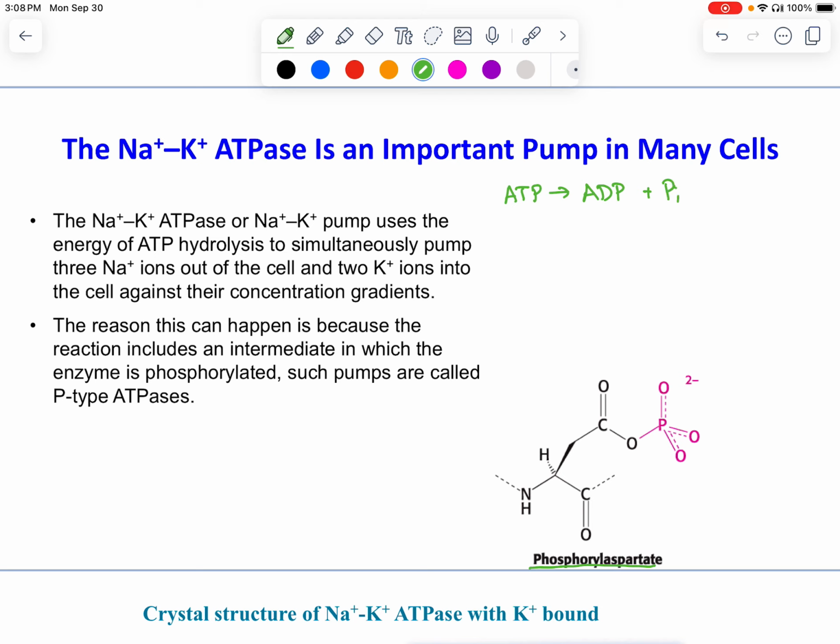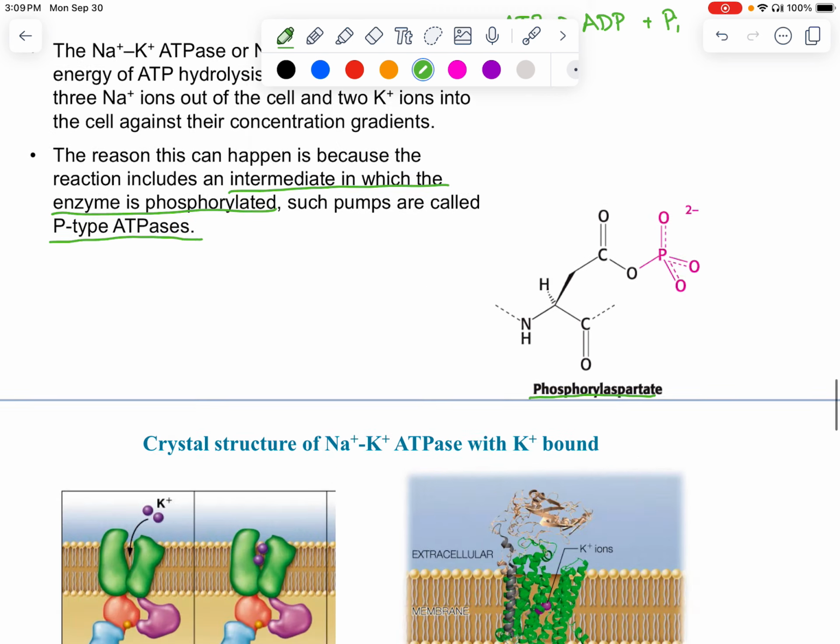And the reason this can happen is because in this process, there's an intermediate in which the enzyme, the enzyme that's this pump that's pushing the sodiums and potassiums in and out of the cell, is phosphorylated. So these types of pumps are called P-type ATPases. So the ATPase is the enzyme here, and this is P-type because it is bound to this phosphorus in the intermediate. Let's take a look at what that looks like.